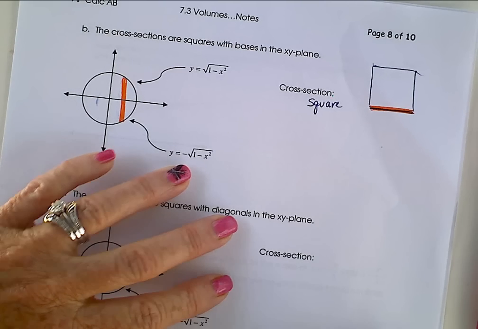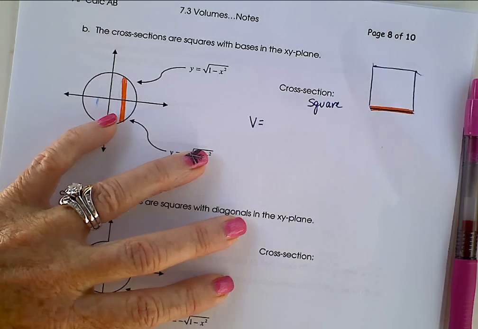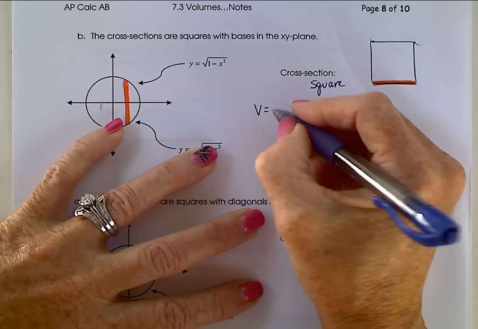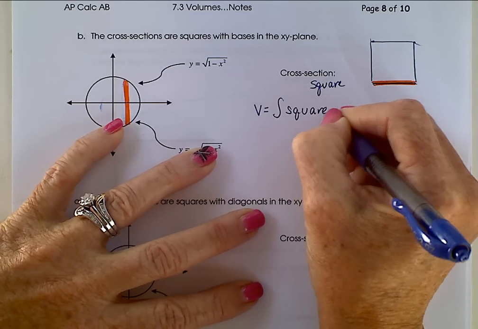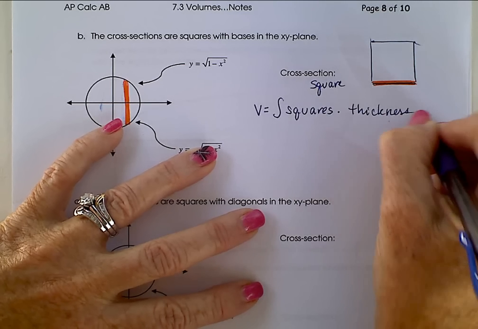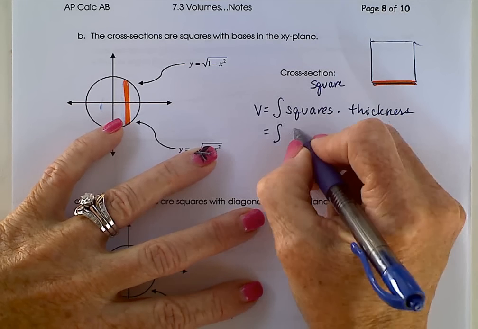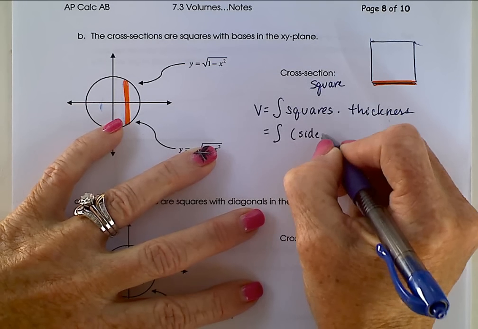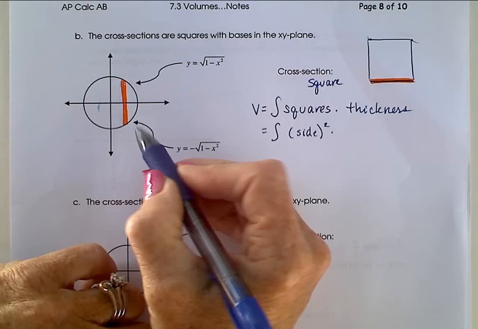Alright, now to find the volume. The volume, we're going to have to add up a bunch of squares times the thickness. Formula for area of a square is its side squared. Thickness here, we already can see that, that's a dx thickness.